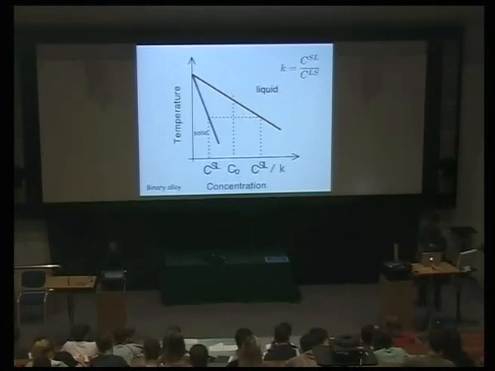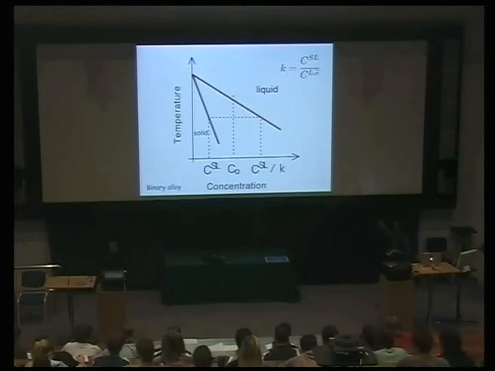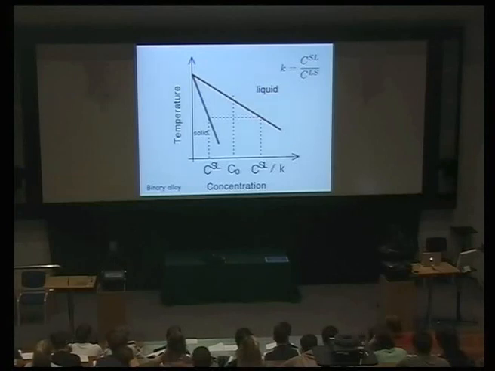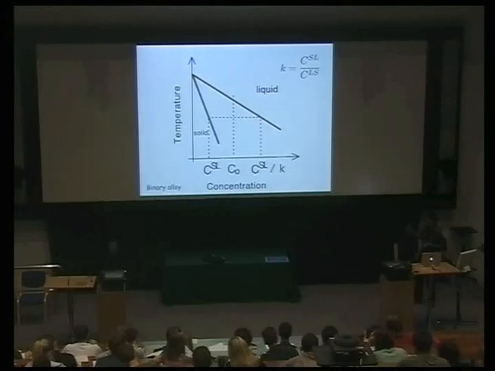Okay. So since I have this relationship, I can replace this term here, the C_L^S, by simply C_S^L upon k. Yeah? So I haven't done anything clever here, simply replaced this here by this term here.